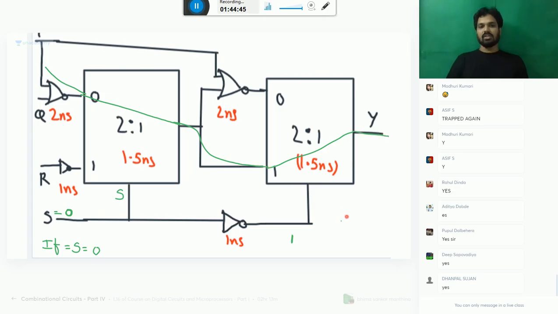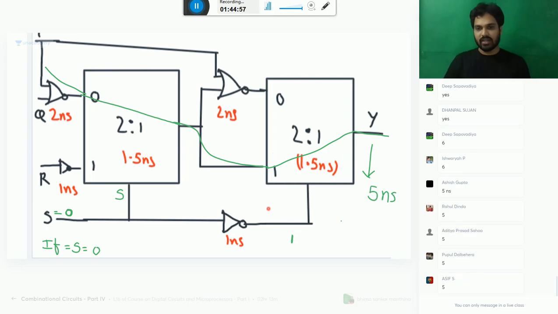Can you tell me what is the delay in that line? 2, 3.5 and 4, 5 nanoseconds. Why 6? My dear, you may have the doubt like this. Sir, this one also included. No, listen please carefully. At time t equal to 0, you applied everything. Assume you applied this at a time t equal to 0.